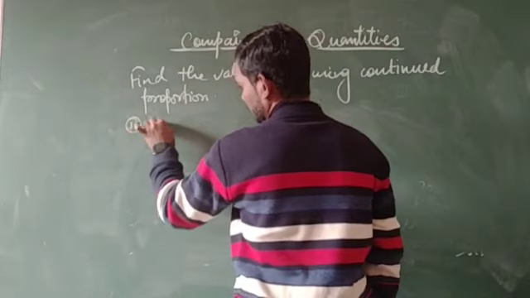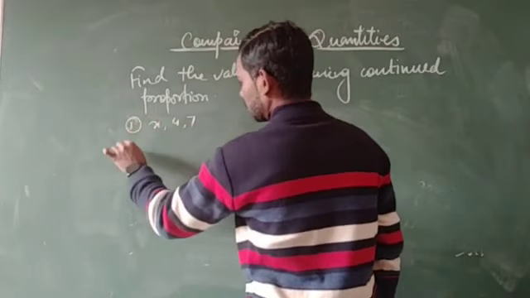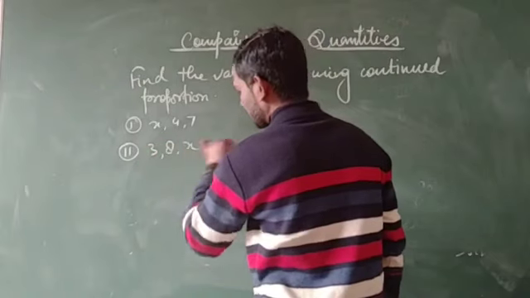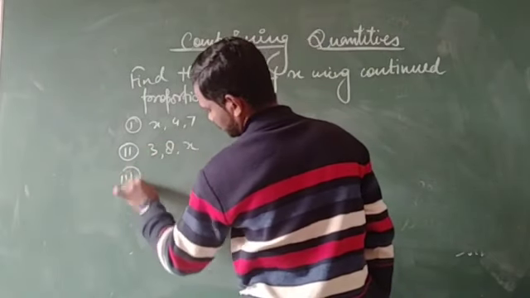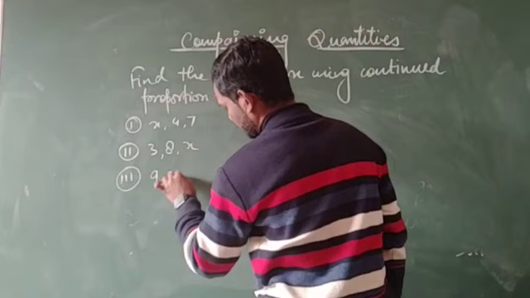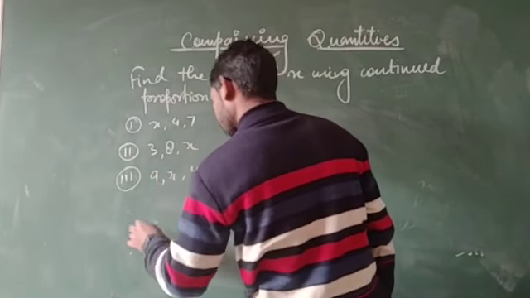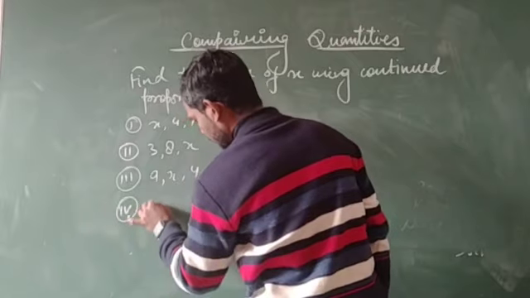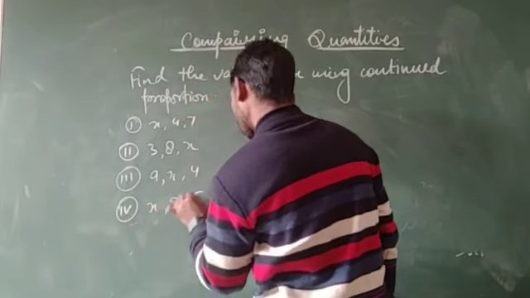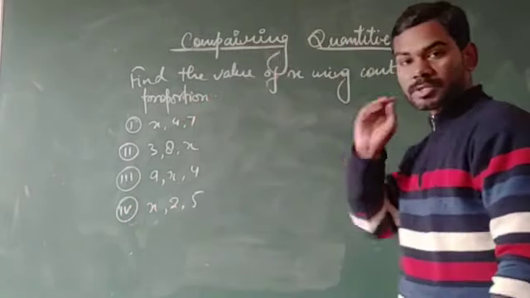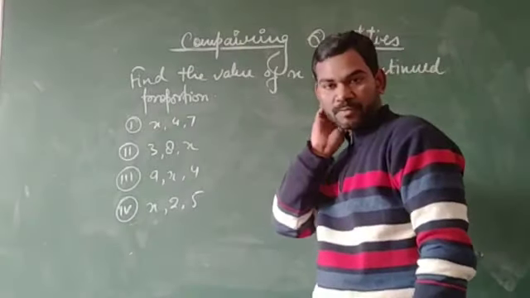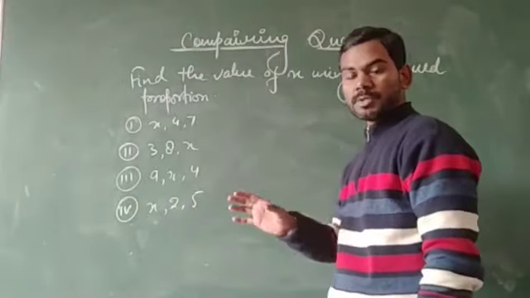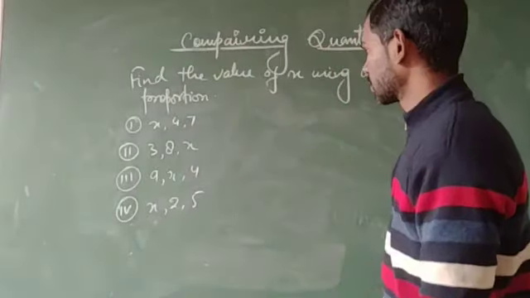The first is x, 4, 7. Then 3, 8, x. Then 9, x, 4. Then x, 2, 5. So there are some questions given and we have to find the value of x using the concept of continued proportion. So now let us start.